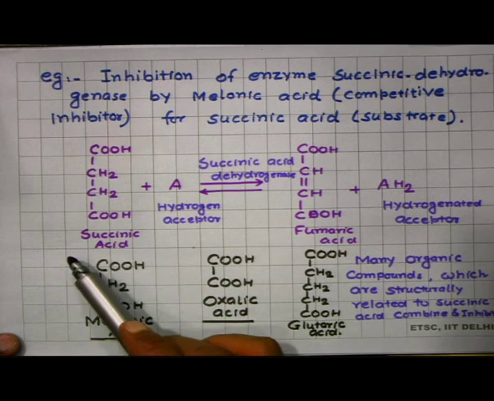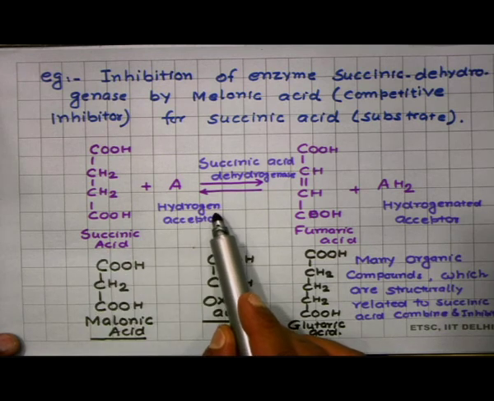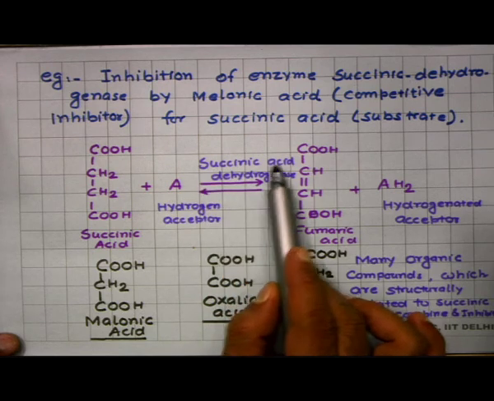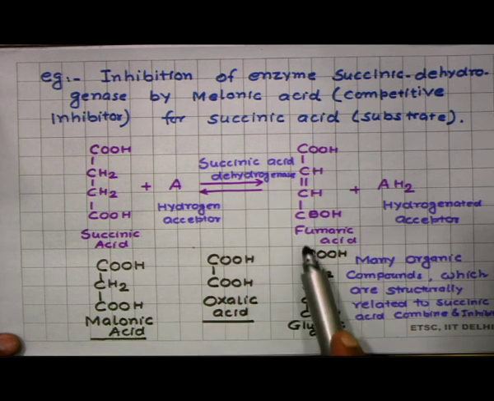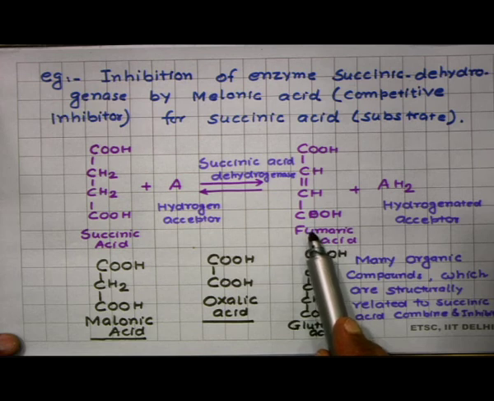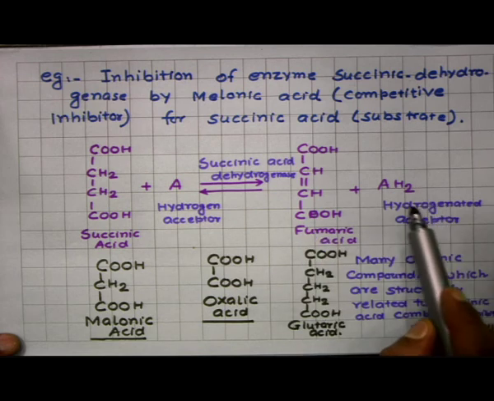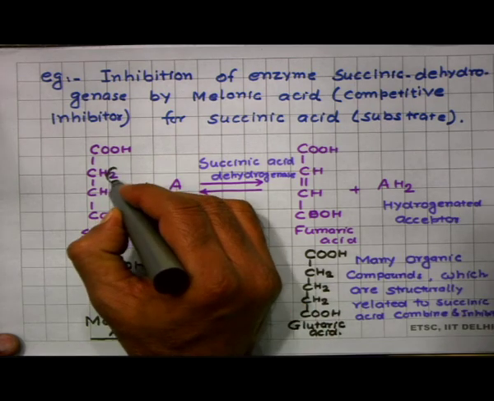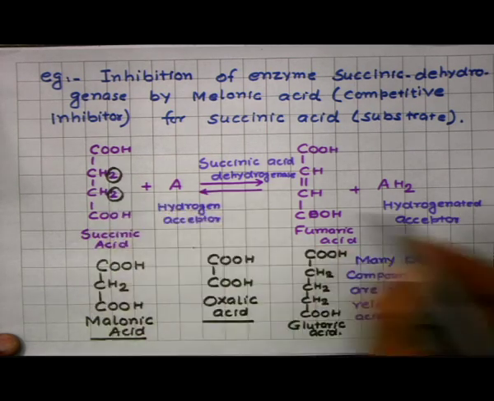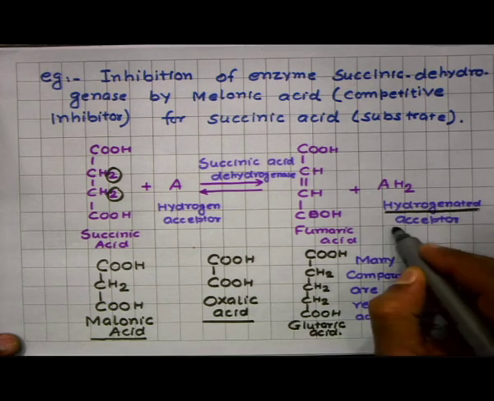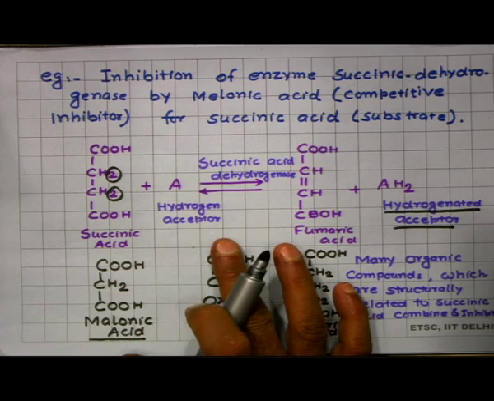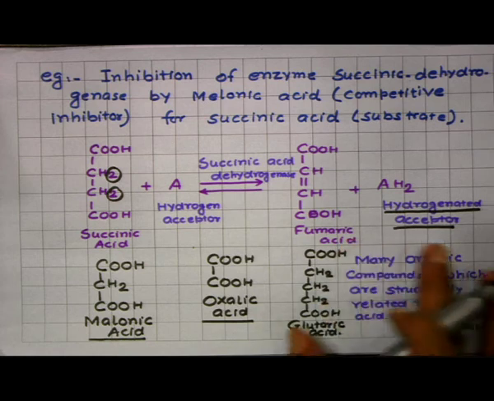The succinic acid, when combined with the hydrogen acceptor with the help of the enzyme succinic acid dehydrogenase, is converted into fumaric acid, because the hydrogen is accepted by the hydrogen acceptor, and the hydrogenated acceptor is formed in this reaction.